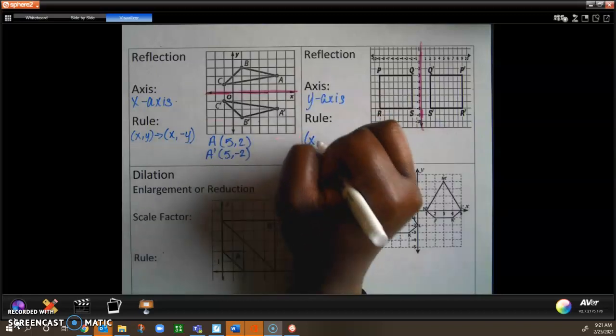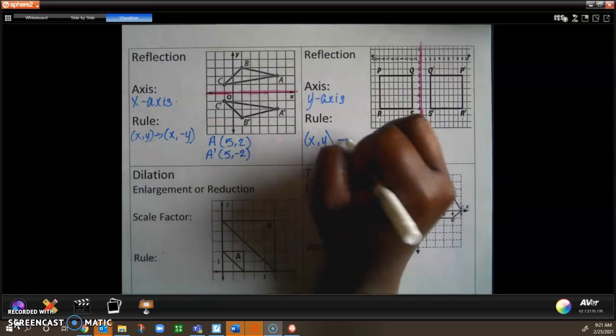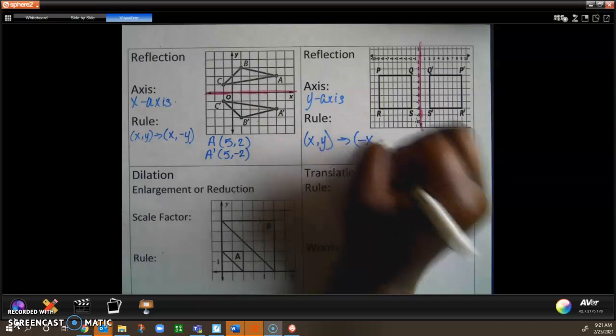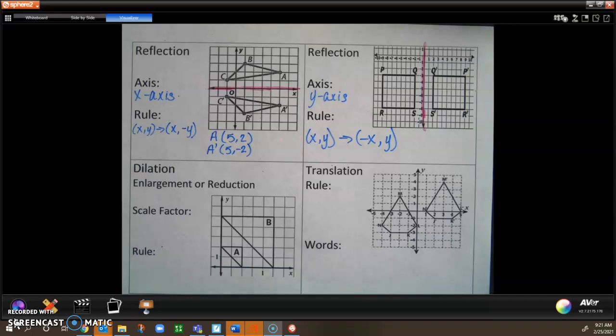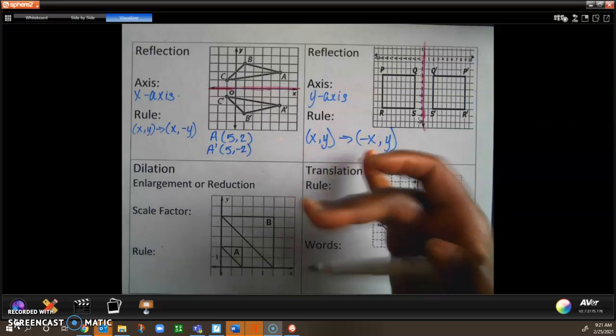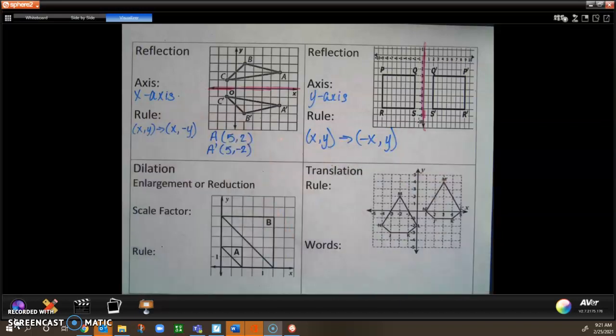So my rule will be my x value becomes the opposite and the y value stays the same. So whichever axis you flip over, the value for that axis becomes the opposite of what it originally was.